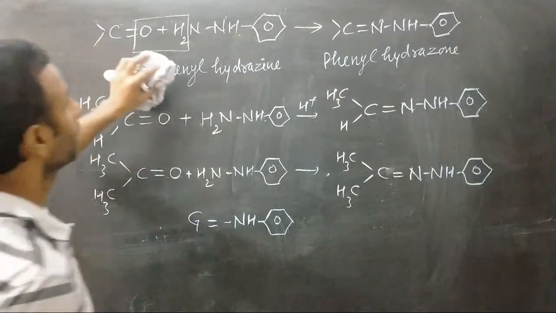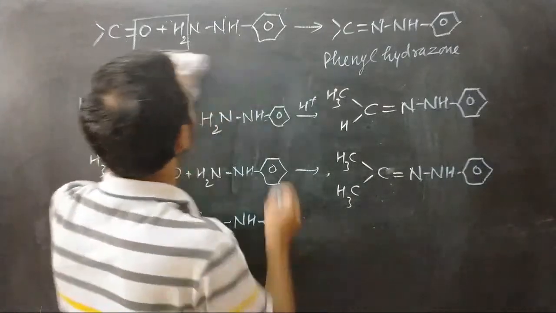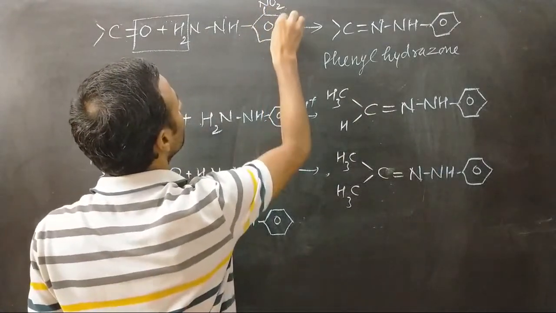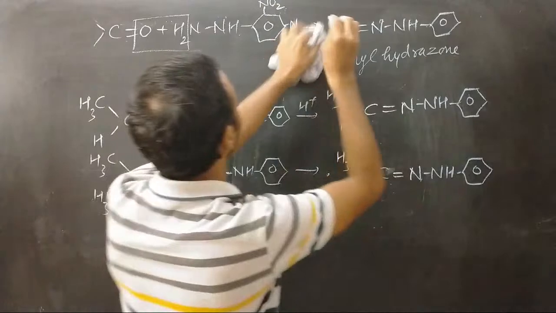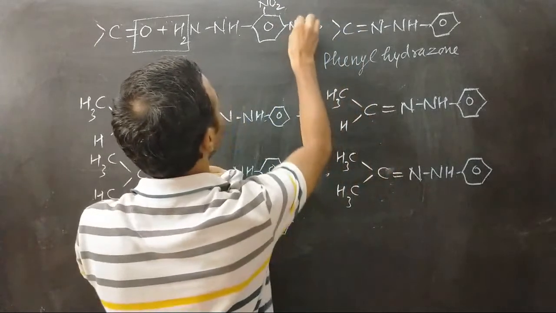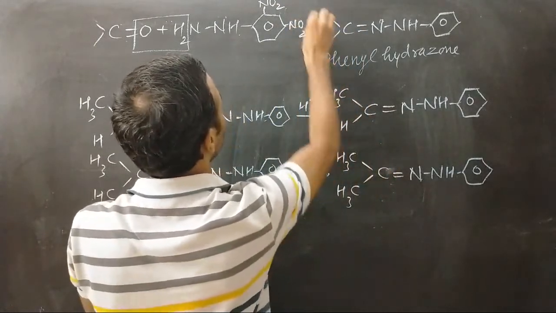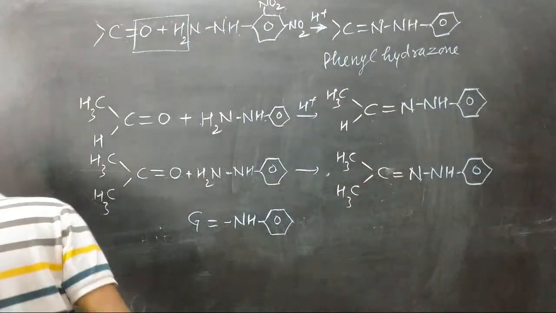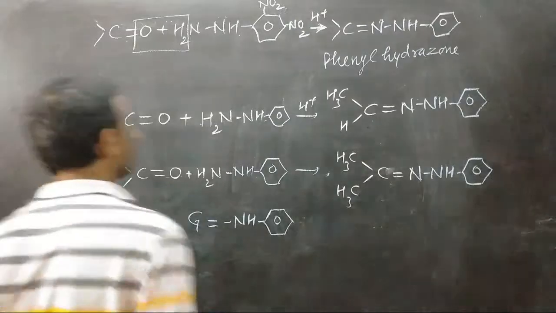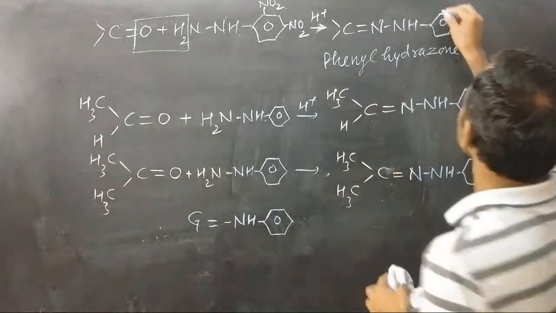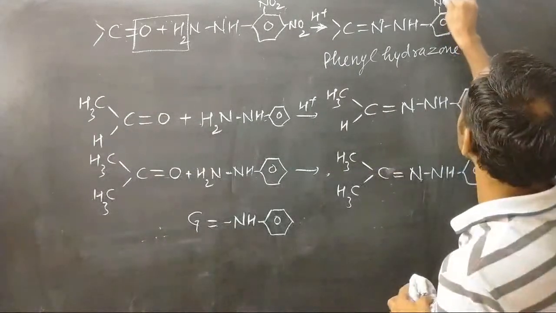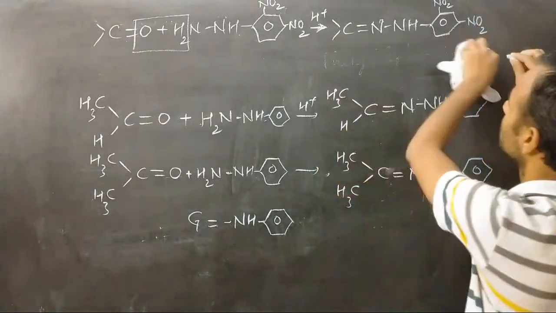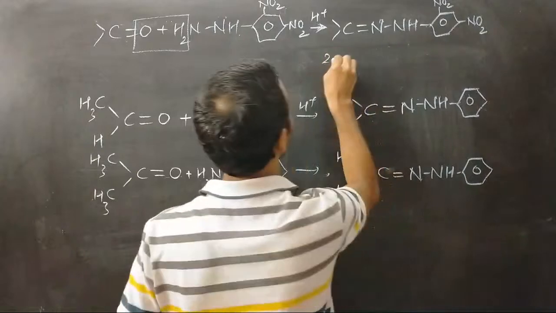Okay, next is 2,4-dinitrophenylhydrazine. In this case it is like this. This is the 2,4-DNP derivative.